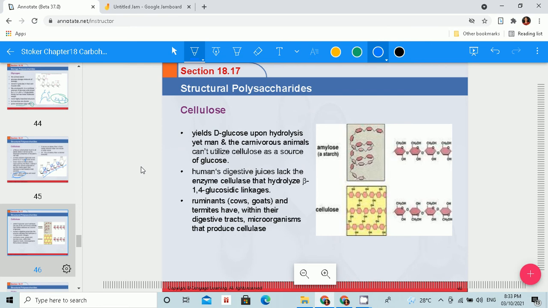Yes, because our body doesn't have a cellulase. A cellulase is an enzyme that hydrolyzes cellulose.